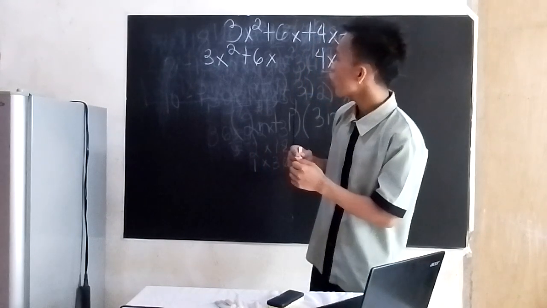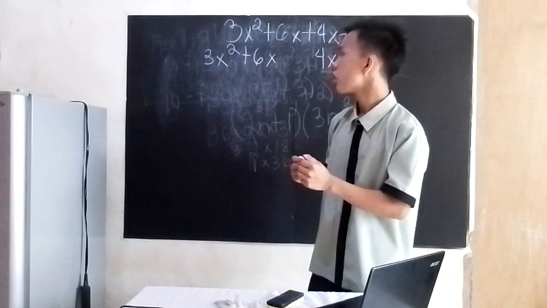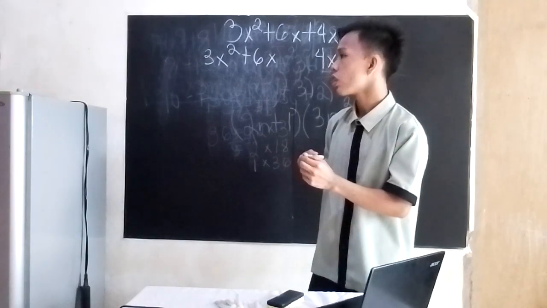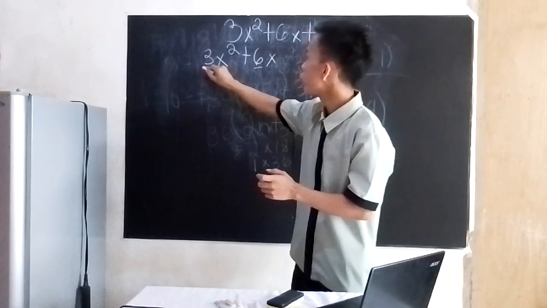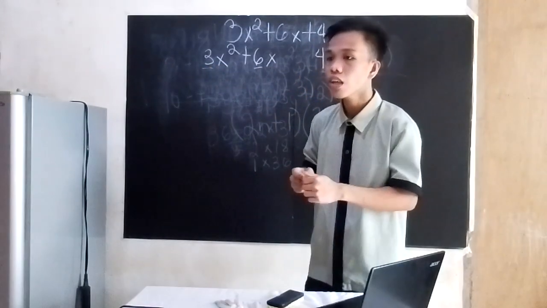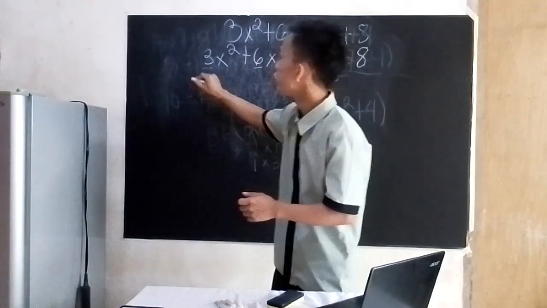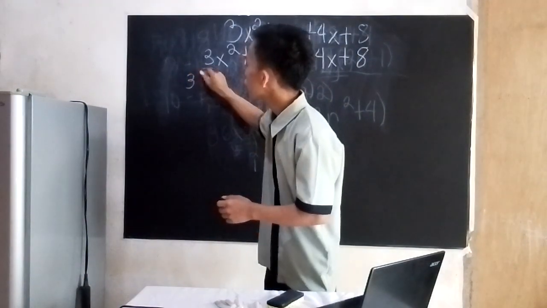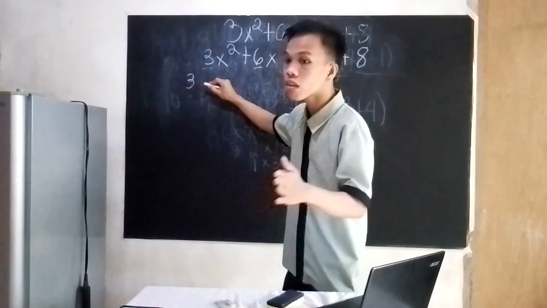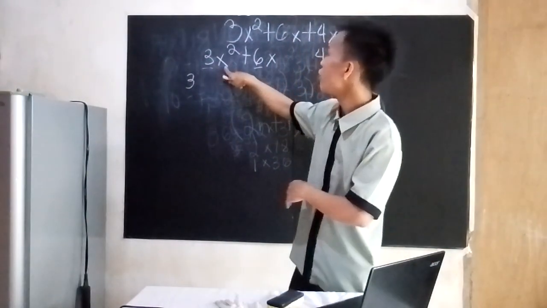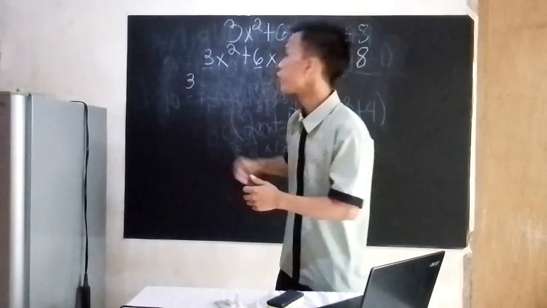What is their common, or what is their GCF? Think of a number that you can divide to 6 and 3, the highest possible number. That's right, that will be 3. Then next, shall we put x? Yes, because we have a variable on both terms.